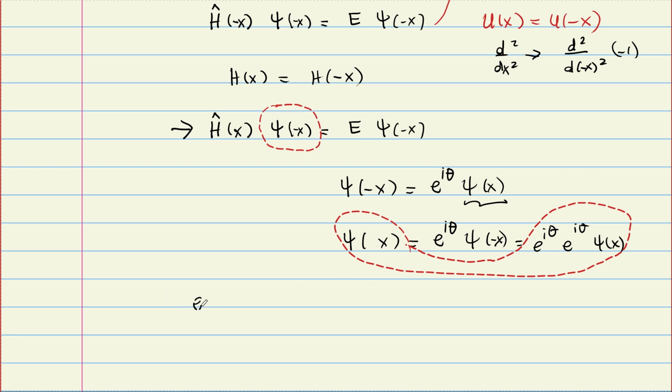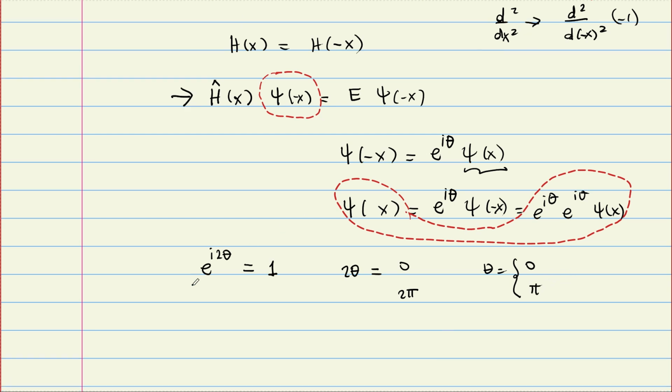So then e to the i theta plus e to the i theta, which is e to the i 2 theta, should be what? 1, right? And if this is 1, 2 theta can be either 0 or 2 pi, right? 2 pi is also fine. Then theta is equal to 0 or pi.